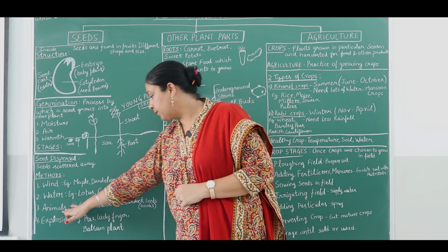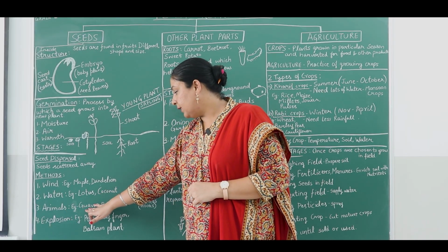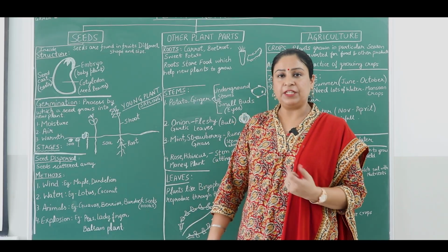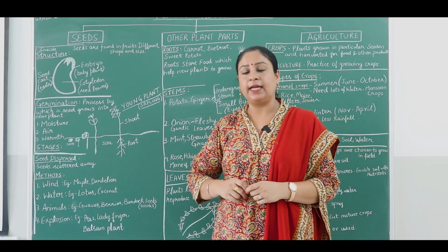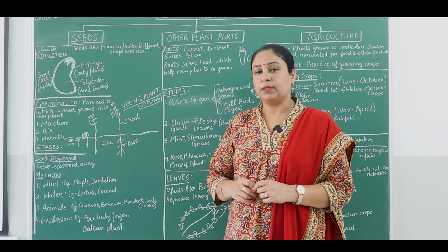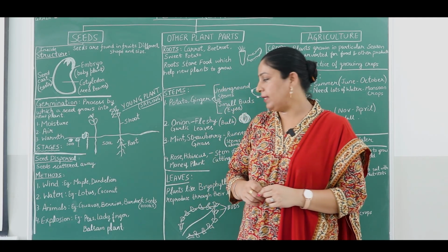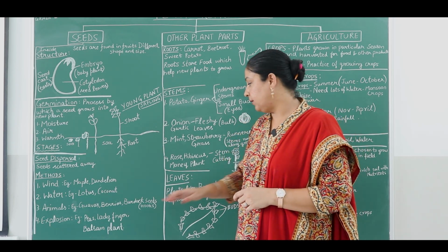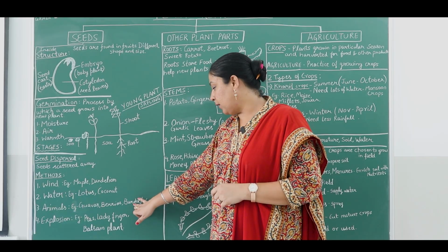Through animals: birds eat fruits like guavas and berries. The fleshy part gets digested, and the undigested part is spread across the soil through their droppings, and a new plant grows from that seed. One example is burdock seeds.